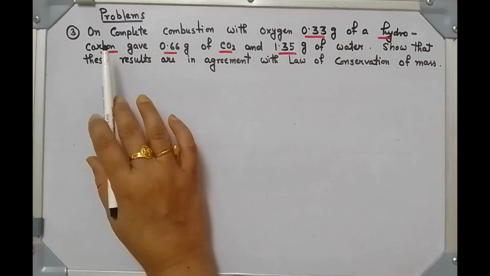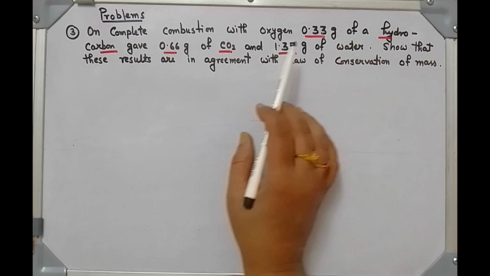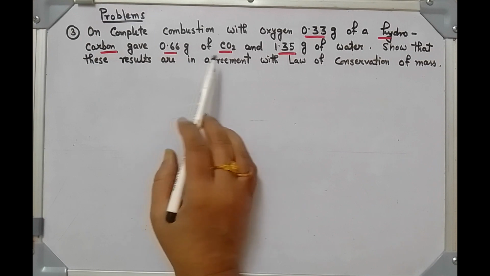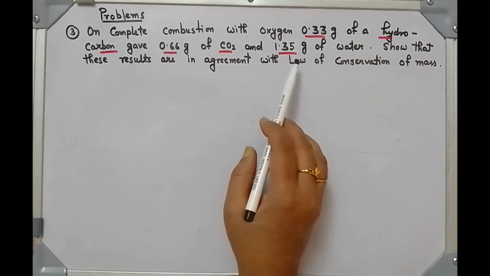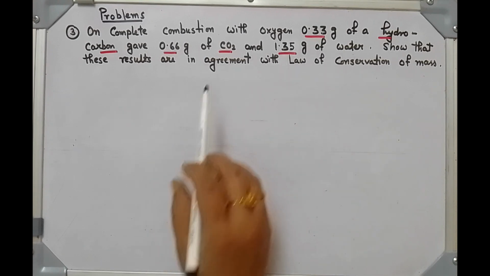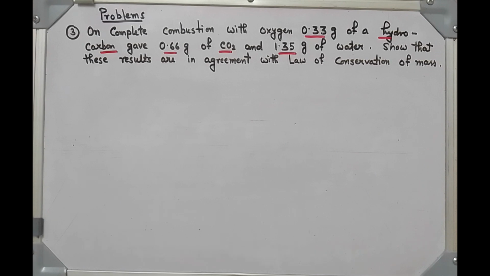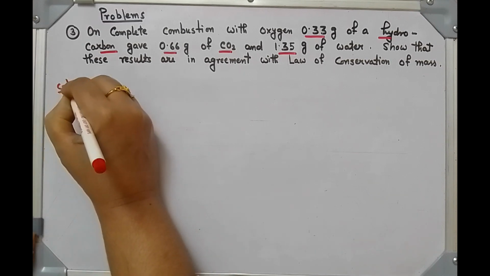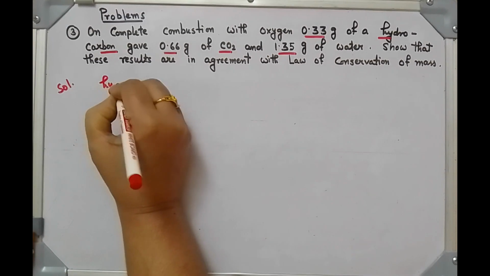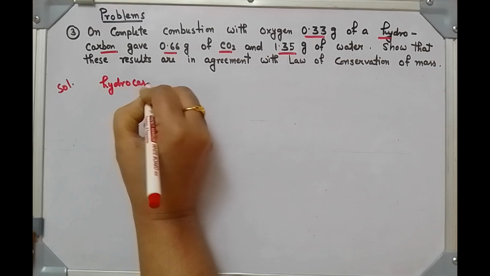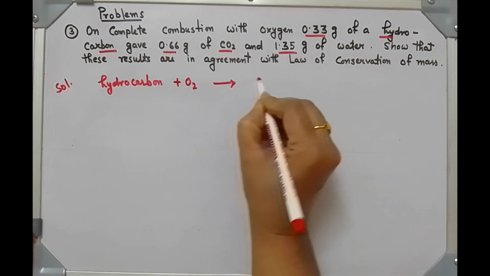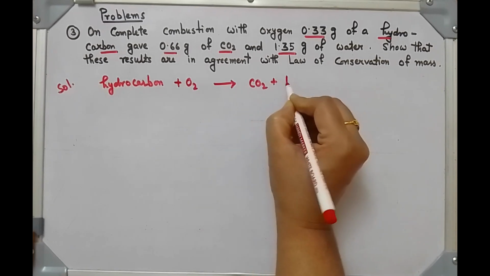Next problem. On complete combustion with oxygen, 0.33 gram of a hydrocarbon gave 0.66 gram of carbon dioxide and 1.35 gram of water. Show that these results are in agreement with law of conservation of mass. Here hydrocarbon is reacting with oxygen. So we are writing hydrocarbon plus oxygen, we are getting carbon dioxide plus water.